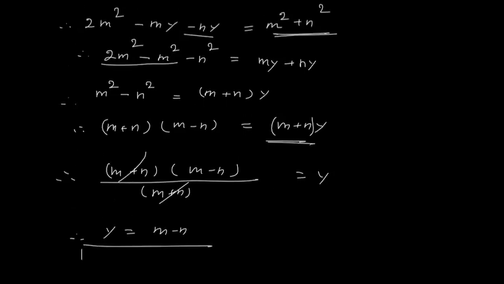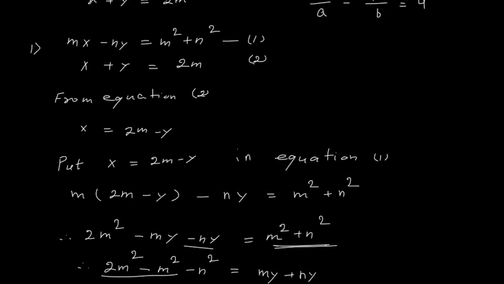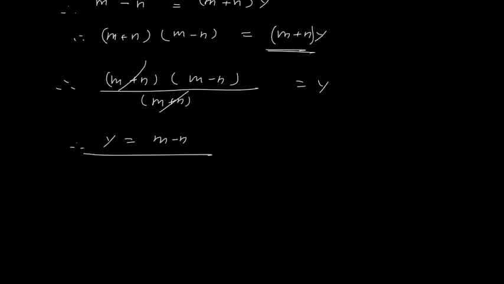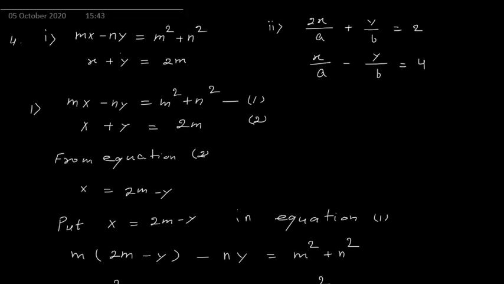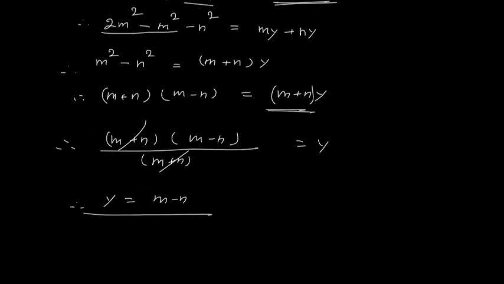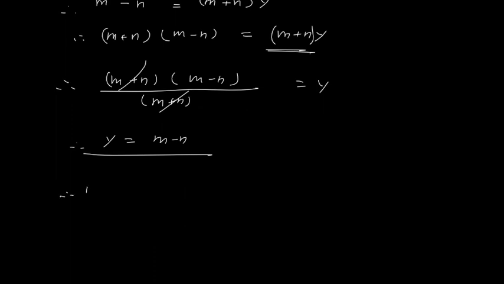Now value of y I got, value of x is 2m minus y. So from equation 3, consider this as equation 3, x is equals to 2m minus y.